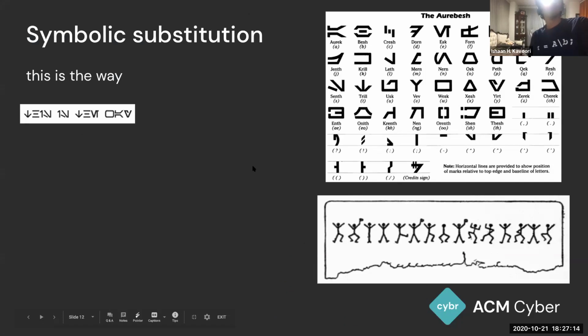Okay, now the next one is pretty interesting. A symbolic substitution. You replace letters with pretty much anything you can think of. You recognize this over here, Aurebesh. It is actually a writing system in Star Wars.